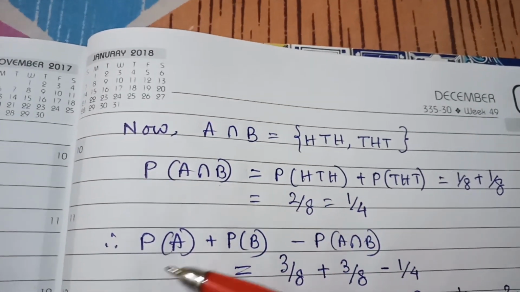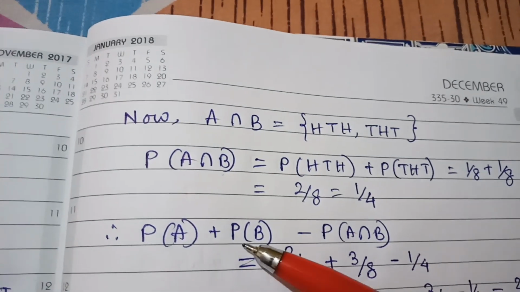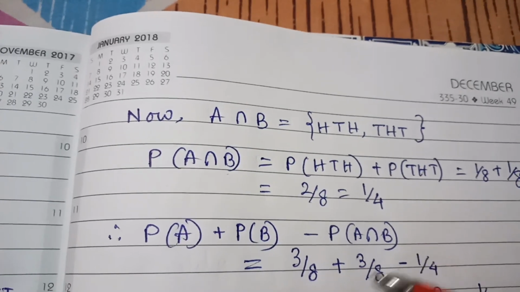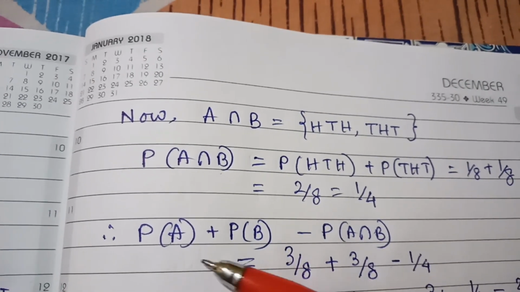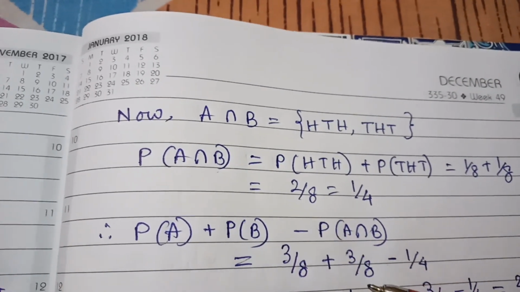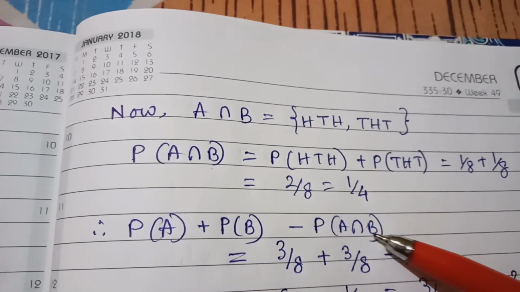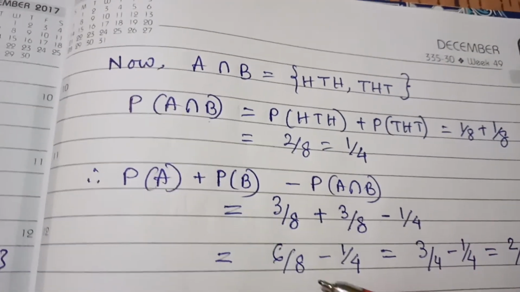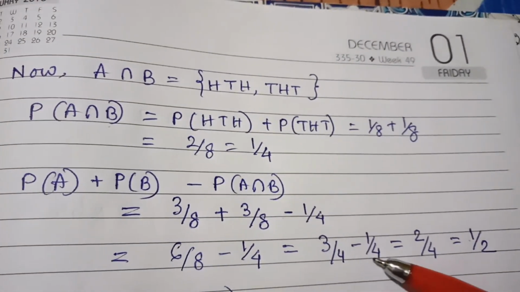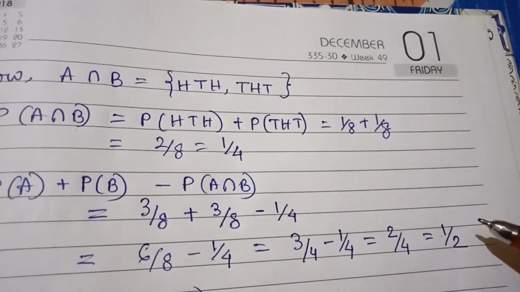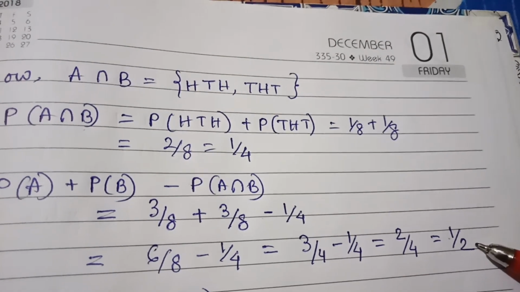Now look at this relation, P of A plus P of B minus P of A intersection B. So we are placing its values. 3 by 8, P of B also 3 by 8, P of A intersection B we have just got as 1 by 4. So we get the calculation like this, and ultimately it equals 1 by 2, that means half.